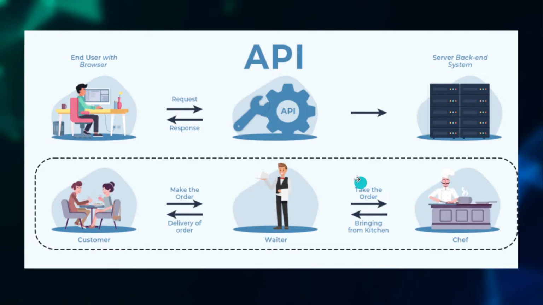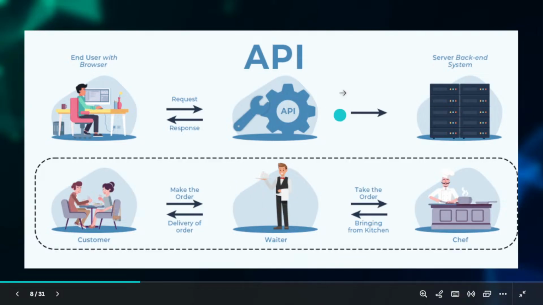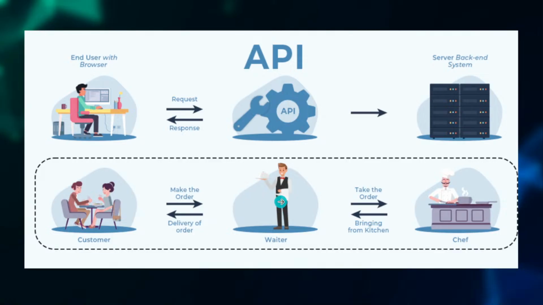First we understand the example, then we will understand what API is. Everyone goes to a hotel, right? In a hotel we have a waiter. What is the work of the waiter? The waiter asks for the order from the customer.